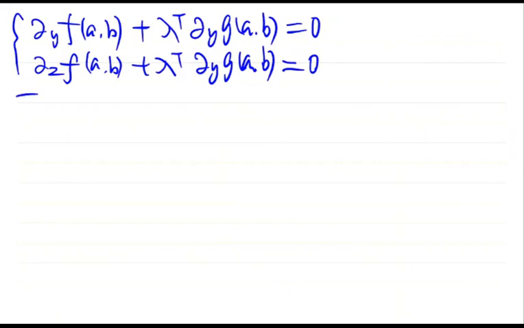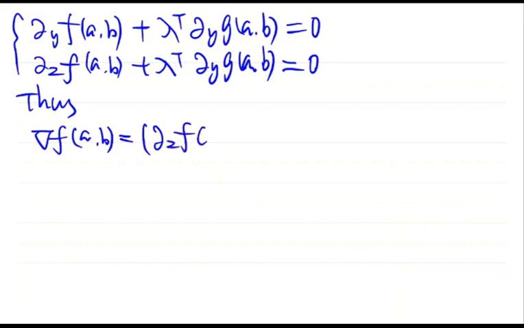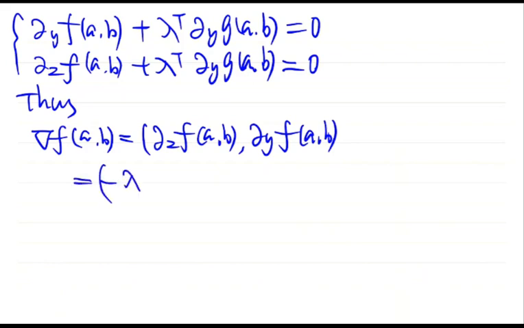Then the gradient of f at AB, that is dz f at AB, dy f at AB, this is minus lambda transpose dz g at AB.